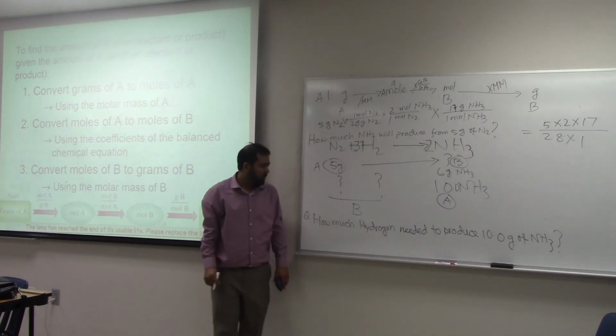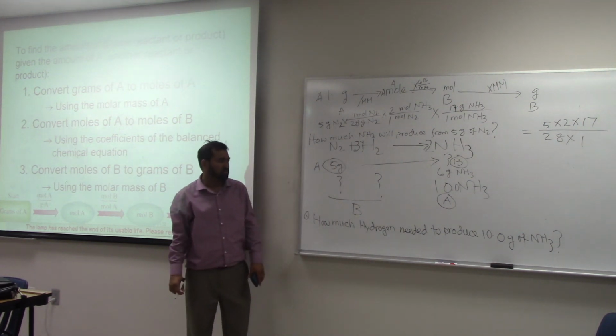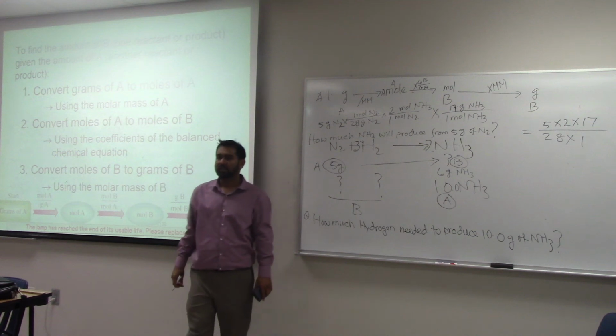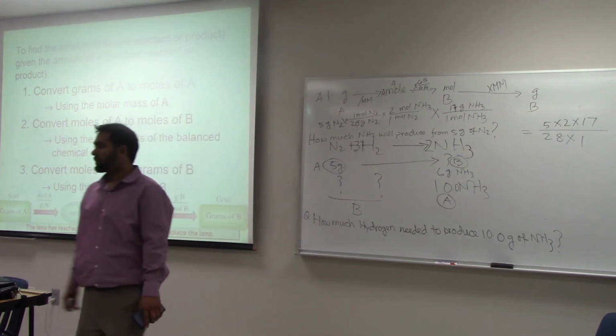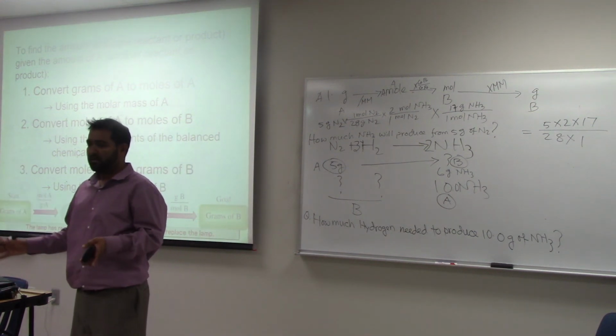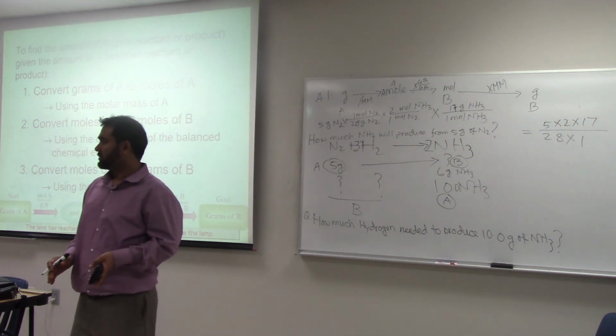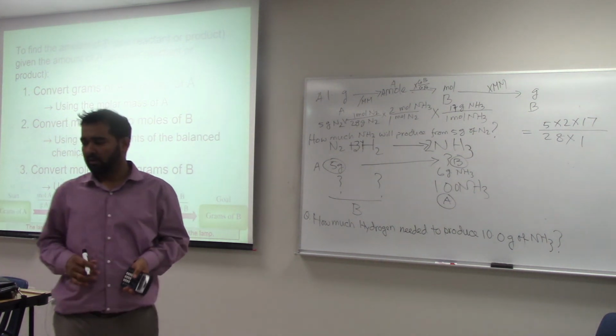Okay? How much hydrogen is needed to produce 10 gram of ammonia? Please work in a group, even though our classrooms are kind of separated. So still you can talk to each other, work in a group.